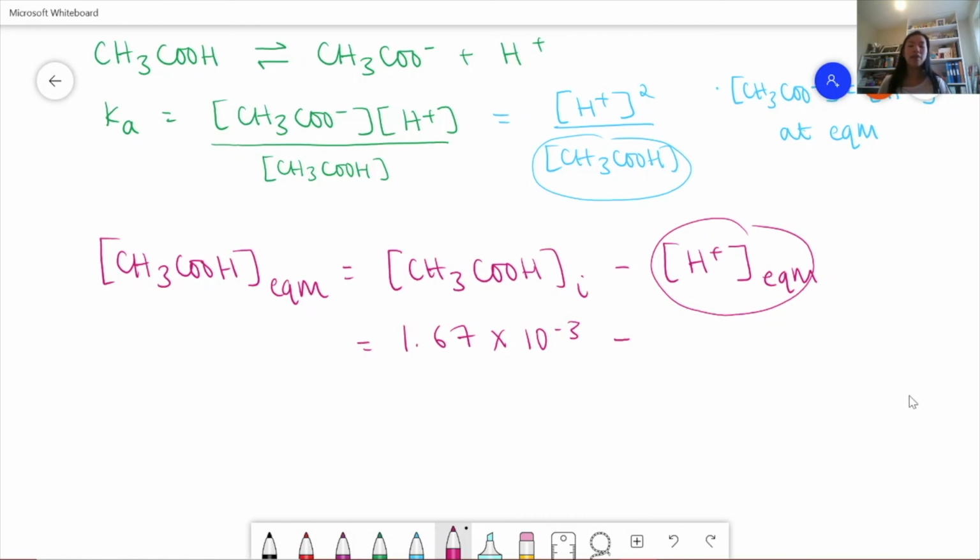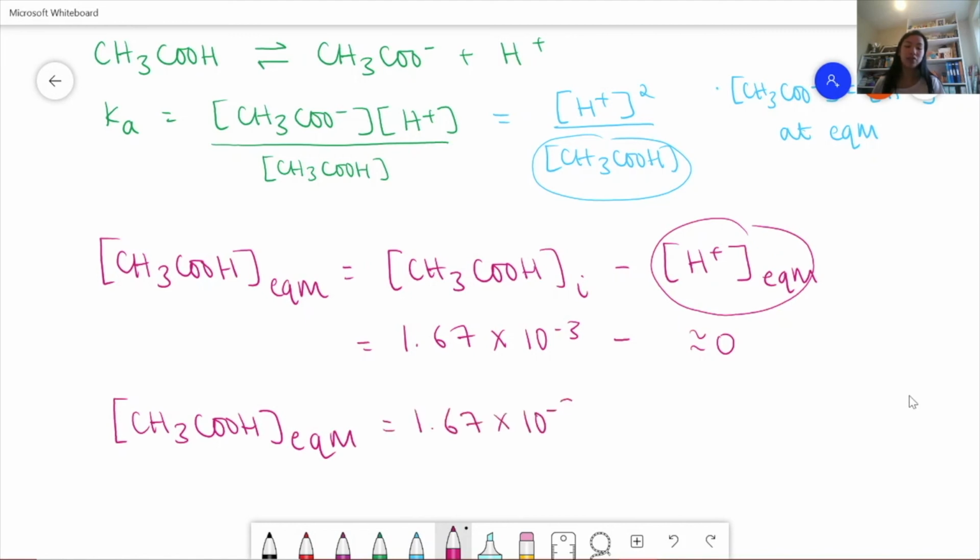And so this is kind of like 0. So we take the concentration of this ethanoic acid at equilibrium as the original, so 1.67 times 10 to the minus 3. And now we can work out the Ka.